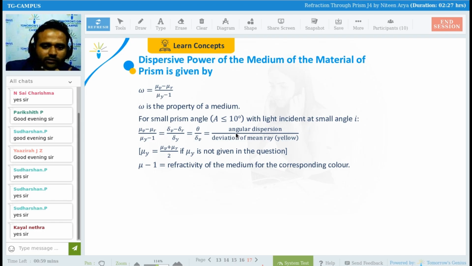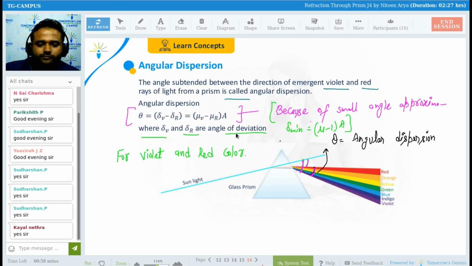For a small prism angle, with light incident at a small angle, mu v minus mu r; mu y, if it is not given in the question, mu y minus 1 equals the refractivity of the medium corresponding to the mean ray. Y is basically yellow. Why can we take yellow? Because yellow is the deviation of the mean ray, that is in between.